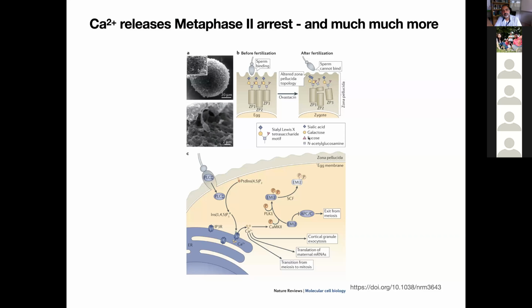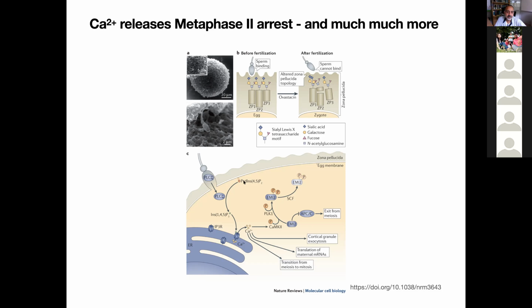So let's think about this release in metaphase 2. It's known that calcium releases this meta-2 arrest. And how is calcium triggered? One thing the sperm brings in is phospholipase C zeta in the sperm head.